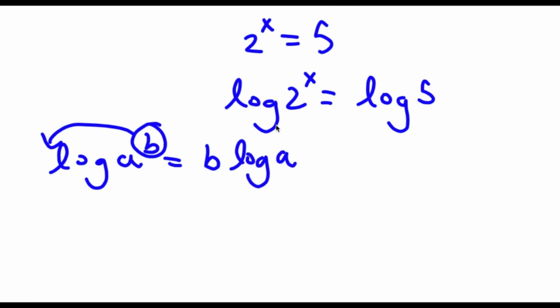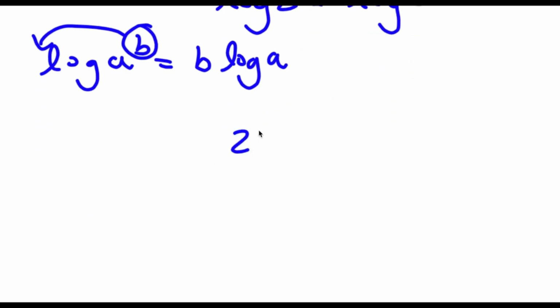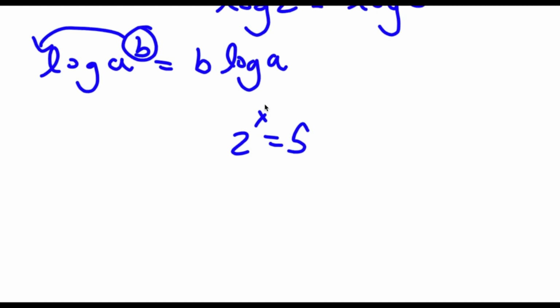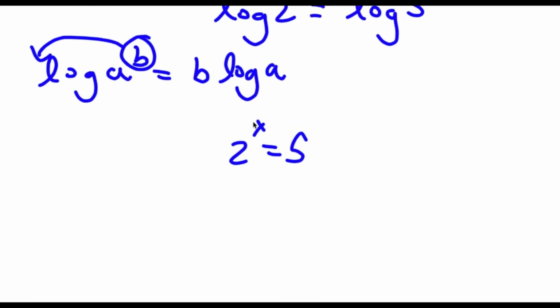And this property is actually so important because, as you can see, right now we have 2 to the power of x is equal to 5. And x here, this is an exponent. And it's going to be really hard to find the value of x without it being a normal term because x is actually going to be a decimal here. 2 to the power of 1 is equal to 2.